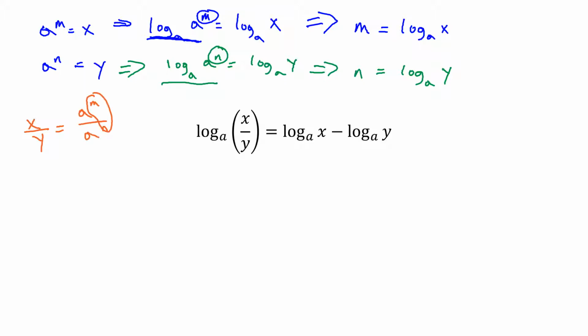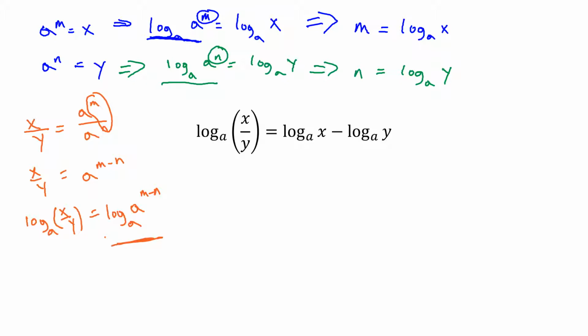Well, we'd have to subtract the powers, and we would end up with a to the m minus n. If we did a log on both sides, log of x over y is equal to the log of a to the m minus n. Of course, base a.